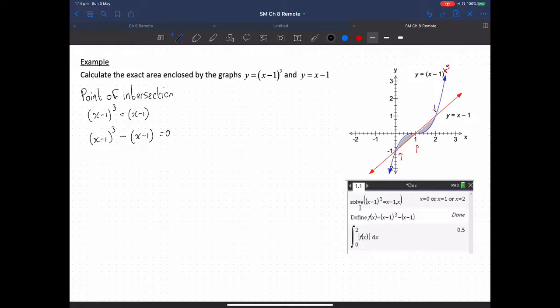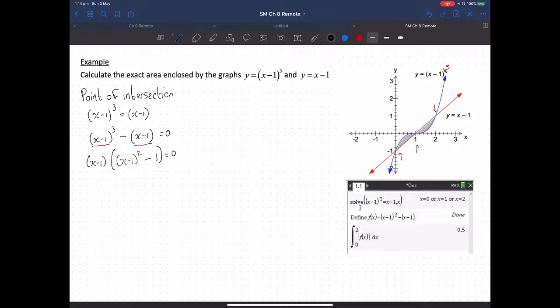The reason I've left them so grouped is because you can see that x minus 1 is a factor of both terms. So we're going to take out x minus 1 as a common factor, giving us x minus 1, and then that leaves us, from the first bracket, (x minus 1) squared, minus, we took out x minus 1 from the second bracket, that leaves us with 1, equals 0.